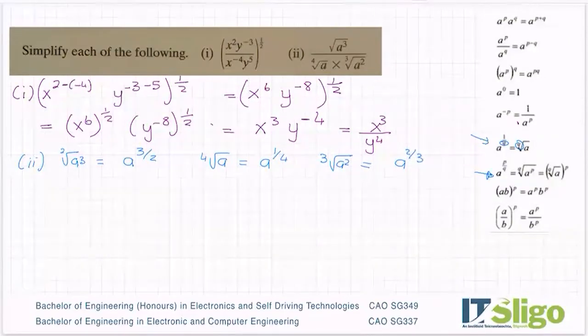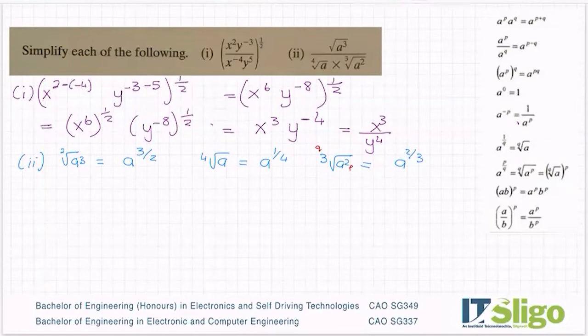Okay, so to do these first, I would have written my p's and q's around them. So in other words, I would have had a little p there. I would have a little q there, so that I could map it across to a to the power of p over q. Okay, and that's the easiest way to do them. Just make sure you use the rules of logs. Make sure you just have a copy of them beside you.